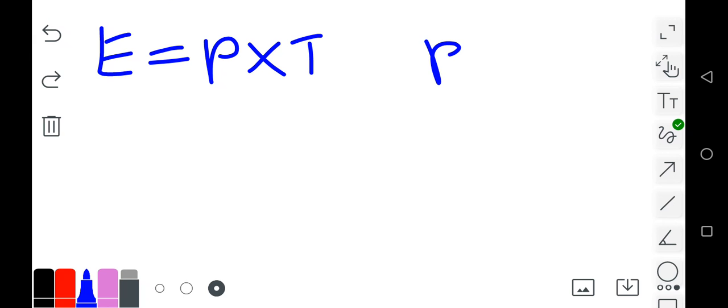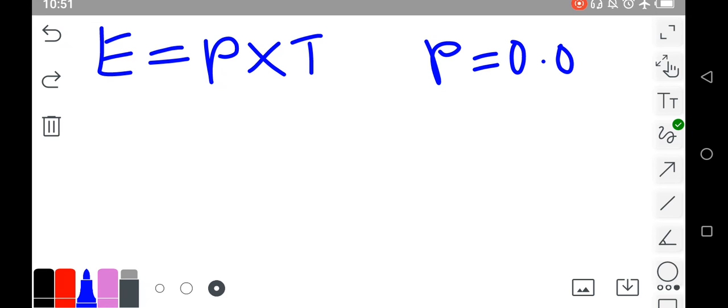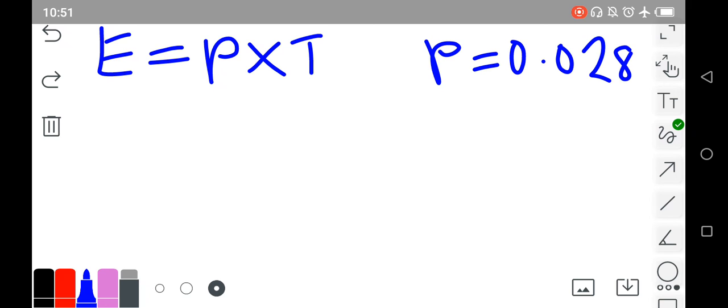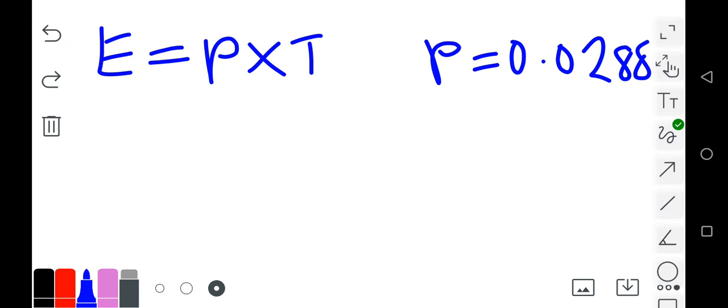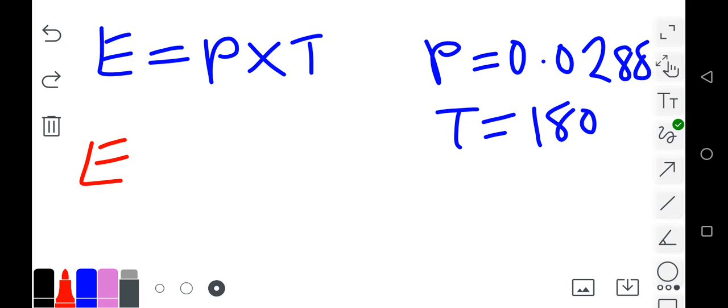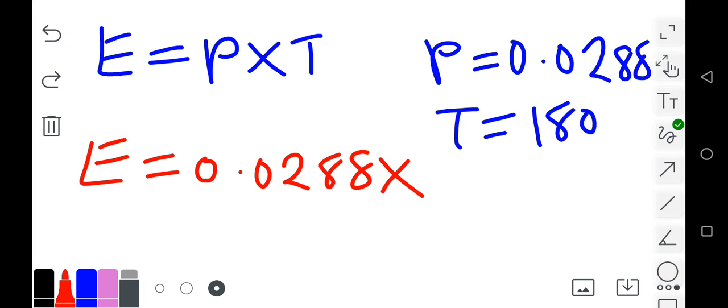Now we know that the power was found to be 0.0288, and the total time is 180 hours. So just a matter of replacing now. The energy is equal to 0.0288 multiplied by the time, 180.